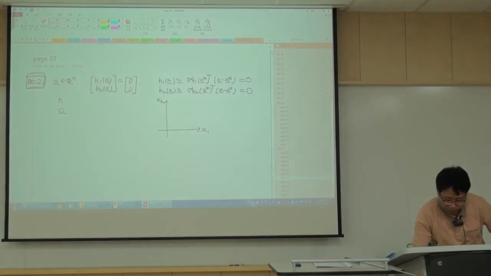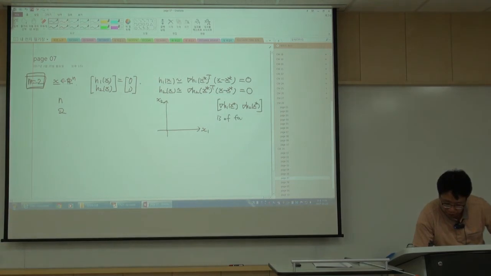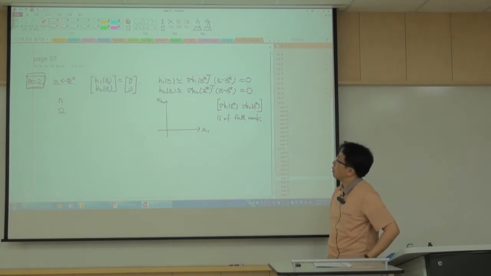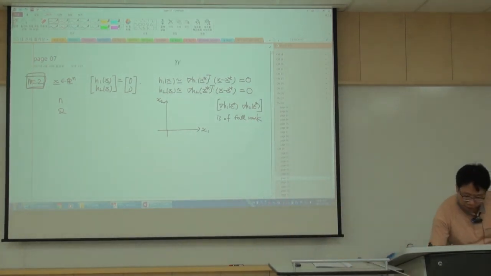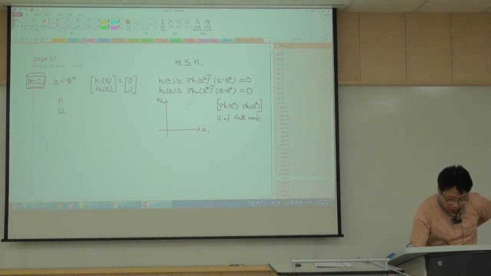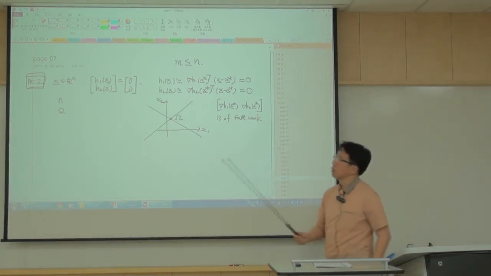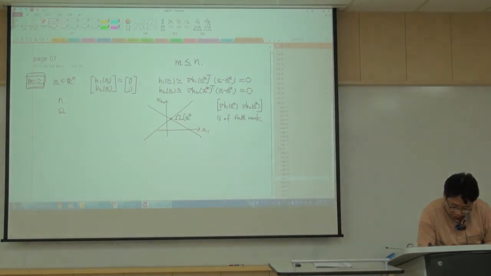So let's assume that the matrix of gradient of h1 x star and gradient of h2 x star is of full rank. To say this, we assume that m is less than or equal to n. Got it? In that case, we may have something like this. This is our omega around x star.